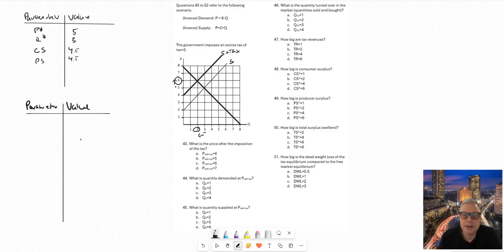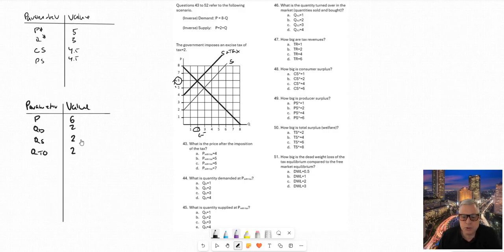Okay, so the price after the tax is 6. The quantity demanded at the price of 6 is 2. Quantity supplied, because the new supply function is now with the tax, is 2. The quantity turned over is then 2.